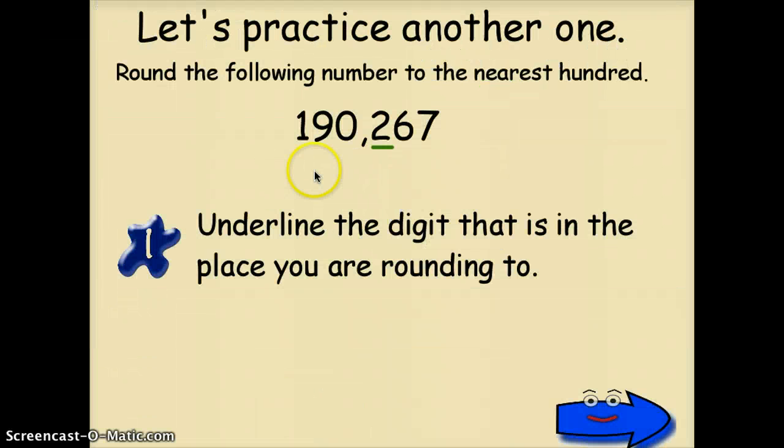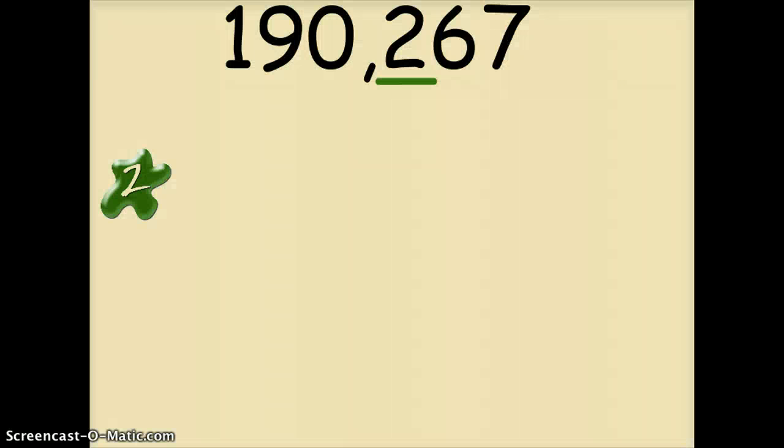Let's try another one. We're going to round the following number to the nearest 100. I've started you off by underlining the correct place. The 2 is the value that we're going to be looking at. Now step 2. Try that on your own.